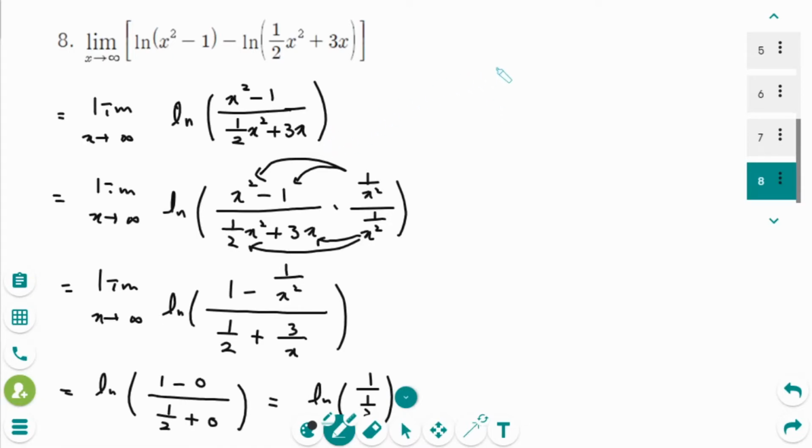When you have 1 over 1 over 2, it's the same as 1 divided by 1 over 2, so it's 1 times upside down, which is 2. So it's 2. Please remember this one. So the final answer is ln 2. That is the answer.